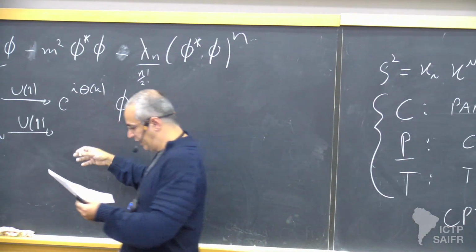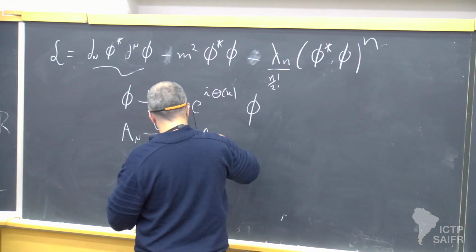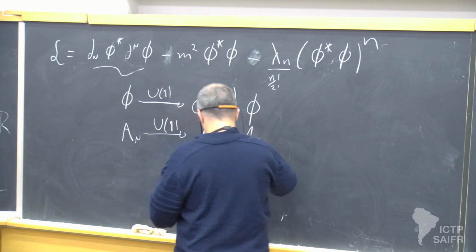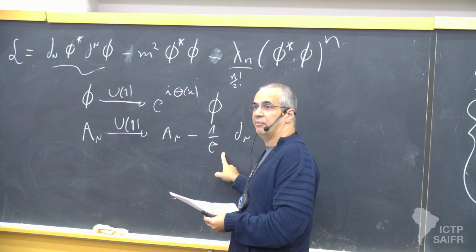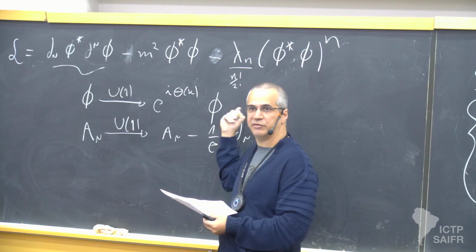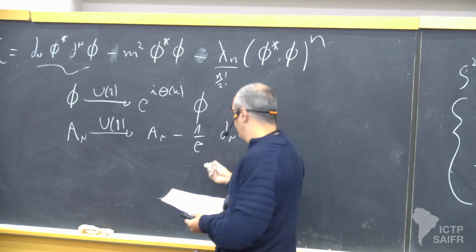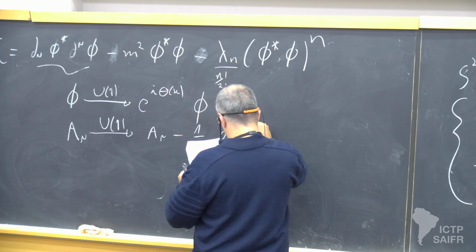And the way it has to go is this way. This constant in front is arbitrary, but it sets the coupling constant for the interaction that will come out of here. So this is the convention we use.